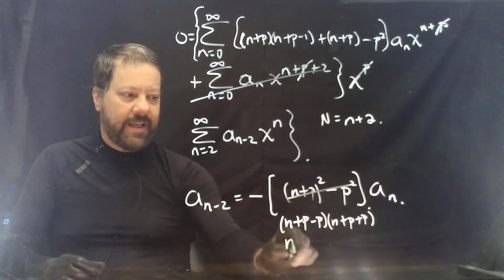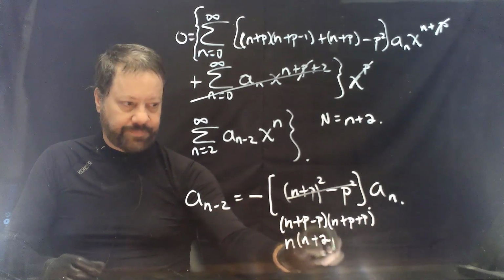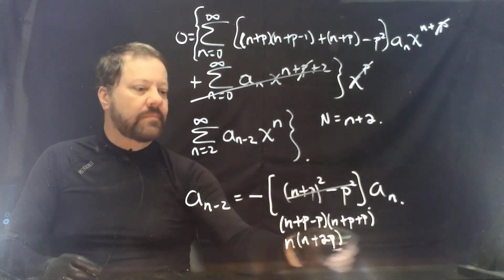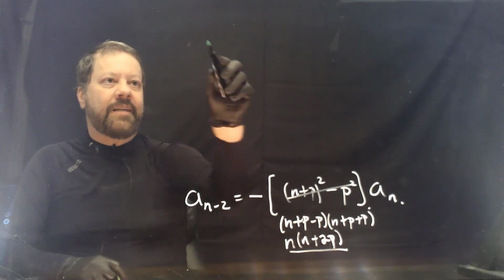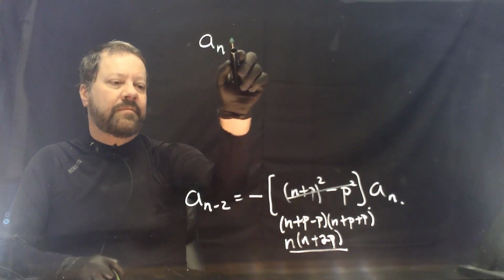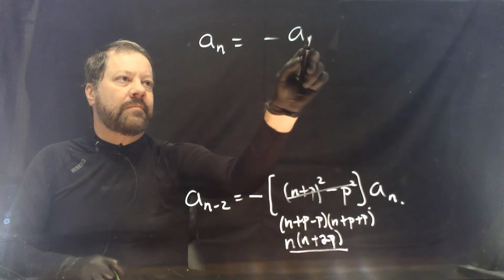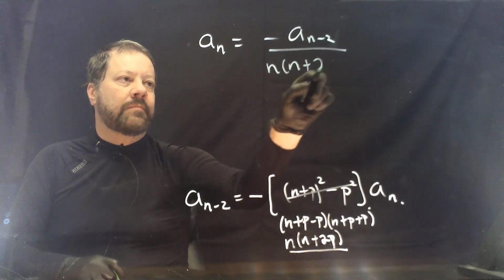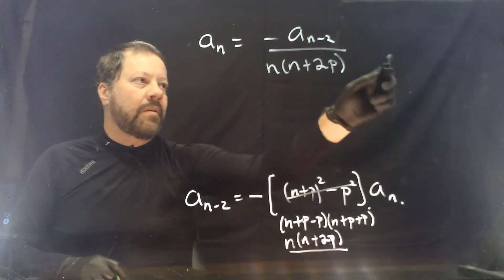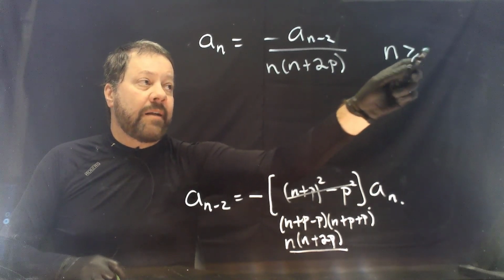And we end up with n times n plus 2p. We have then the recurrence relation, which applies when n is greater than or equal to 2.